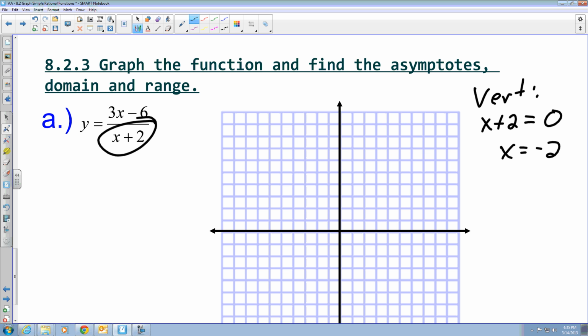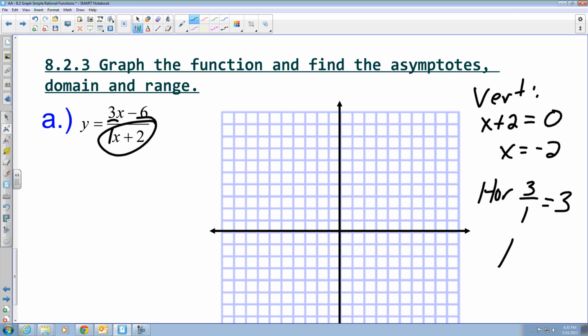So if x equals -2, that means that's going to be my horizontal asymptote. Or my vertical asymptote, I'm sorry. For my horizontal one, what you need to do is find the coefficients of the values that are attached to the variable and divide them out. So in this case, it's going to be 3, and this is going to be 1. So I get 3 divided by 1, which equals 3.